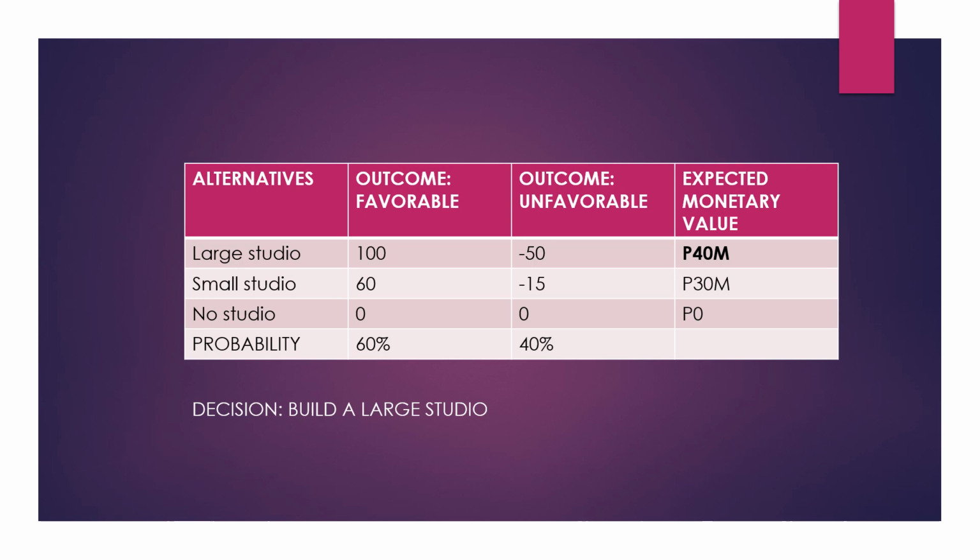The assumption of the problem is that Gabby believes the probability of a favorable market to occur is 60%, so it means the probability of an unfavorable market to occur is 40%. So that is now the risk. In risk, there are probabilities.